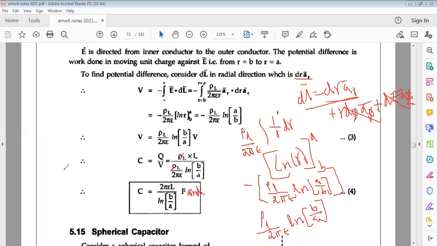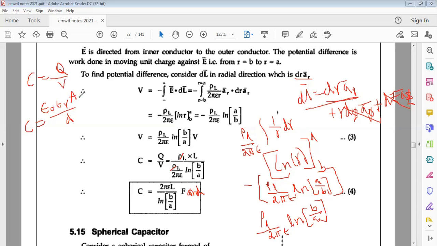Capacitance of coaxial cable. Capacitance of a parallel plate capacitor is epsilon naught epsilon R A by D, where C is equal to Q by V. The capacitance does not change with the charge or the voltage.